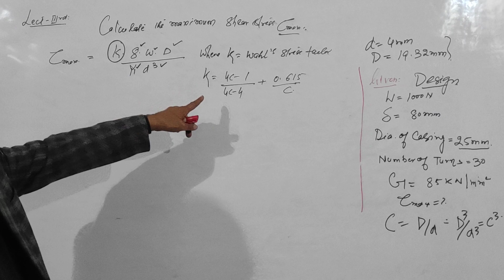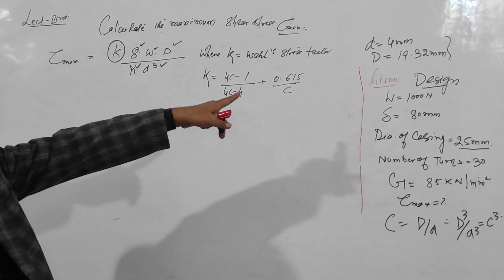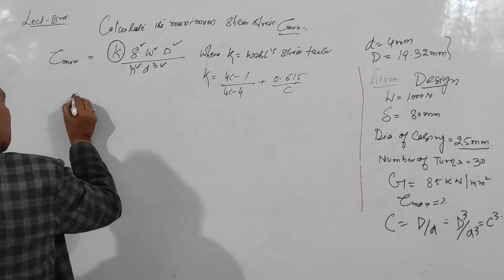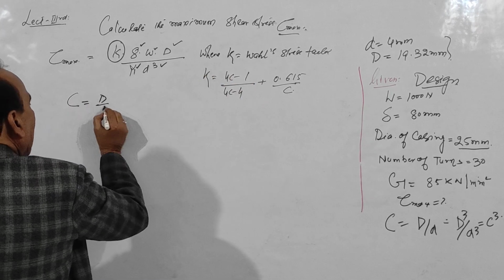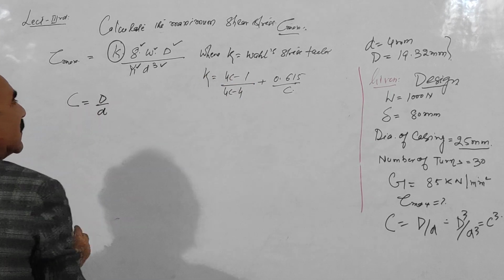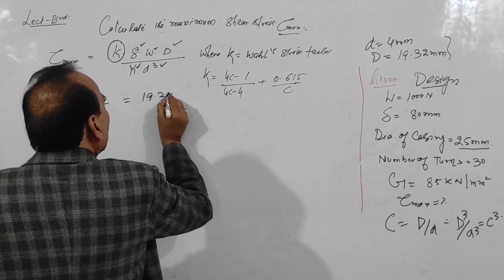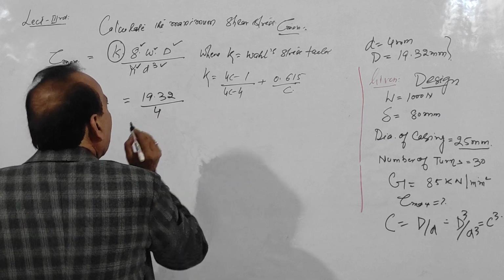तो जो K की वैल्यू आप निकालो, C की वैल्यू आपको मिली है, जो आपने कैलकुलेट किया था, तो C आपका इसमें क्या आएगा? D upon d. So you can say 19.32 divided by 4.